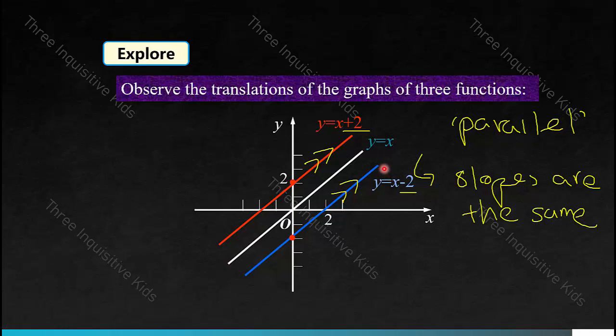So for example, even though they were translated on the graph, the speed that all three of these functions are increasing by is still the same. That's because in kx plus b, that k did not change. It still remained 1.